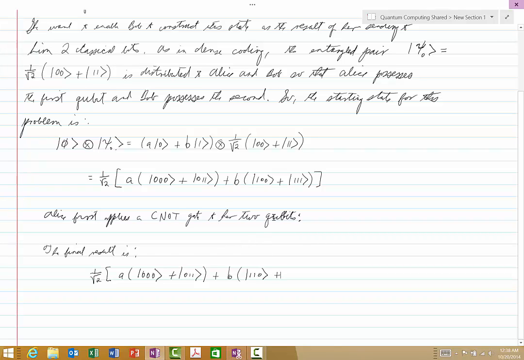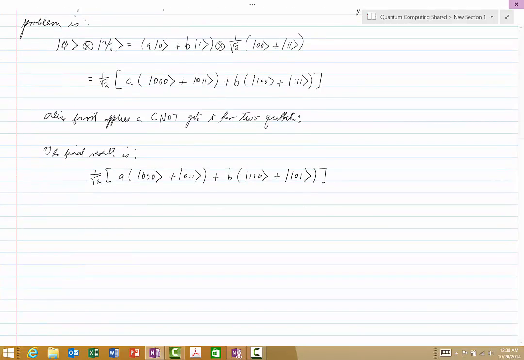And likewise, when she applies the C0 gate to the first two qubits of the |111> ket, she will get 10. So we'll have |101> here. So that's what the result is at the end of Alice applying the C0 gate.